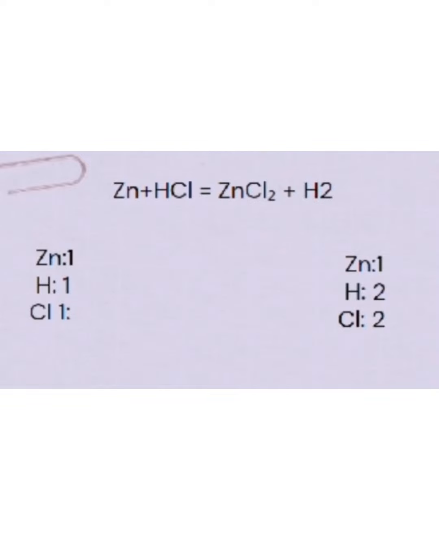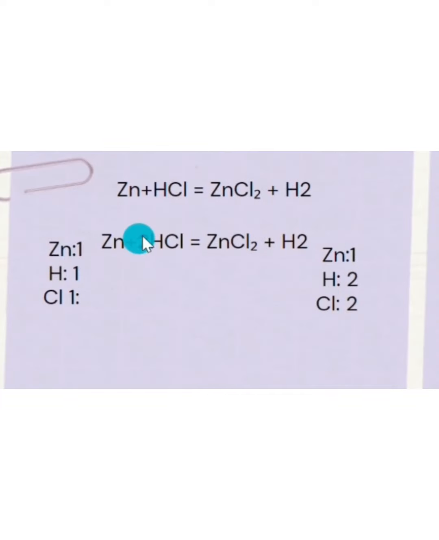You may ask, why? Well, it is because if we multiply 2 by 1, the answer is 2. So H will be 2, as well as Cl. So now we have 1, 1, 2, 2, 2, 2.